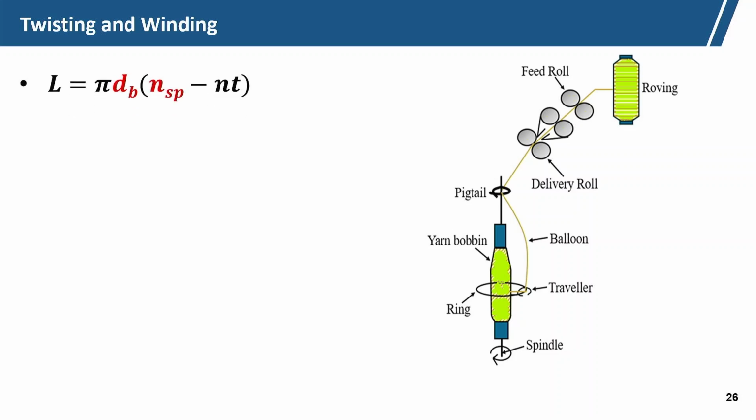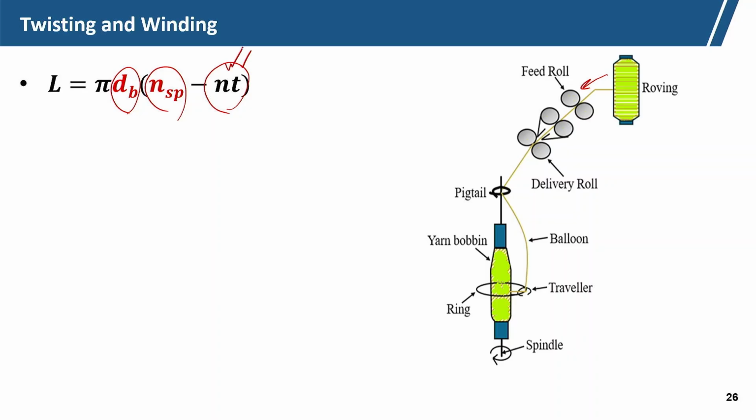Now, let us try to understand with an example. Here L is the delivery rate, pi dB is the bobbin circumference with spindle RPM, and NT is the twist.